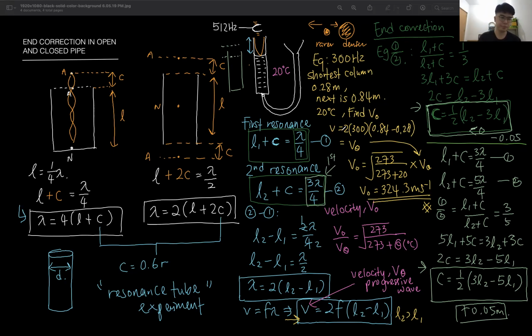All right, now let me give you one example. I'm going to clear the top left. If you want to snap, you can snap now. I'm going to clear the top left, get some space. Okay, wait.